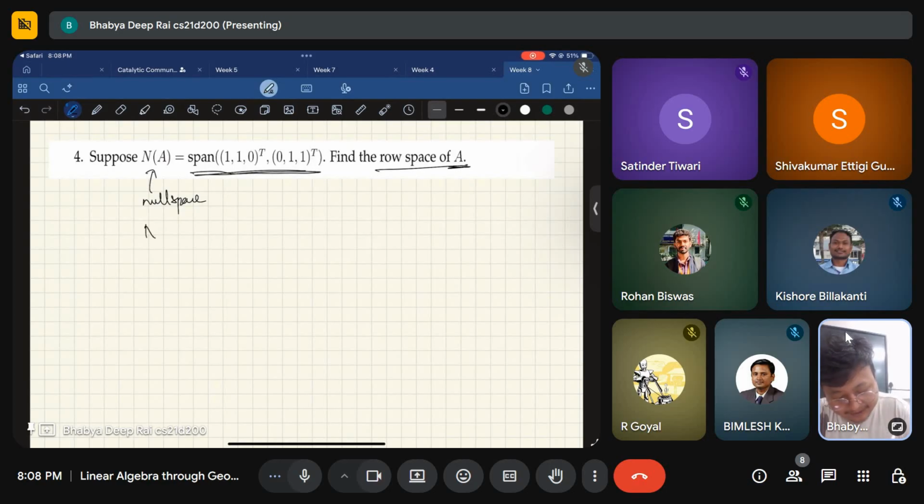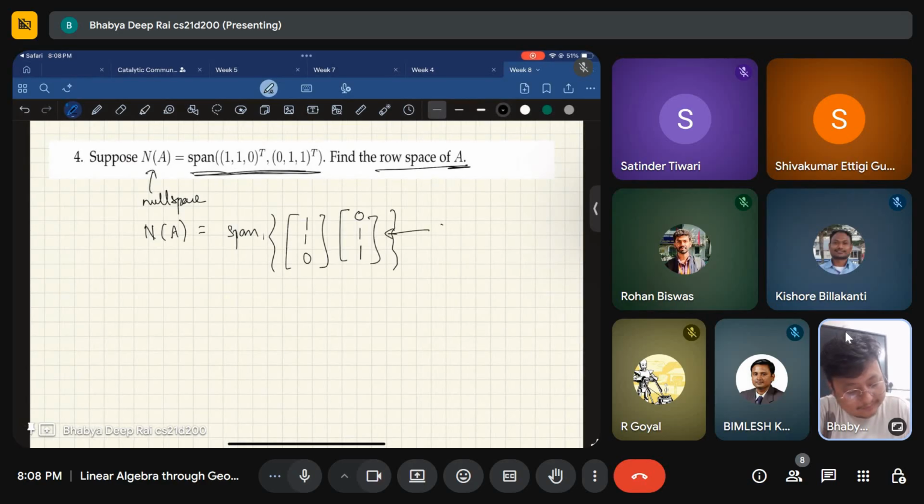What I'm given is N(A) is the span of (1, 1, 0) and (0, 0, 1). Now what do I immediately see? Number of rows is 3, at least that I know about A.